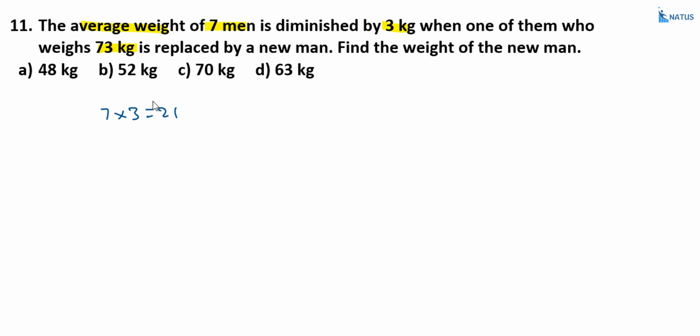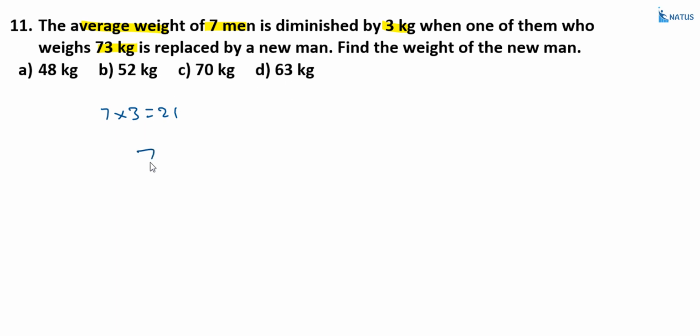One person is replaced by another person. If the new person is replaced instead of the 73 kgs person, here 21 kgs is decreased. So the incoming person's weight is 21 kgs less than the outgoing person.